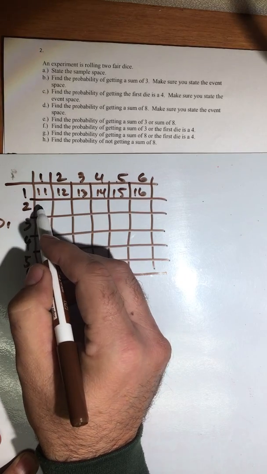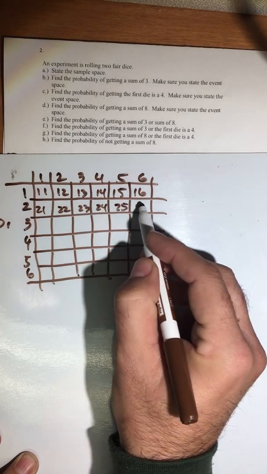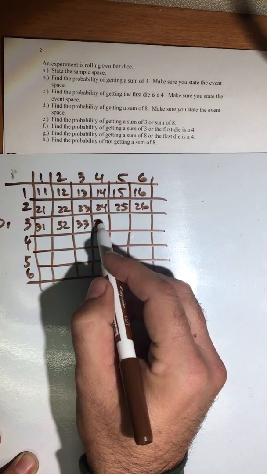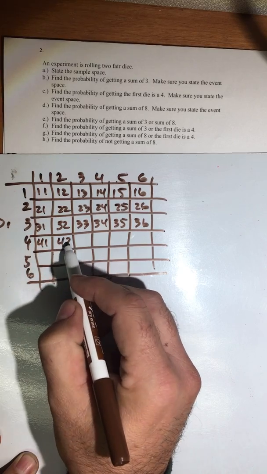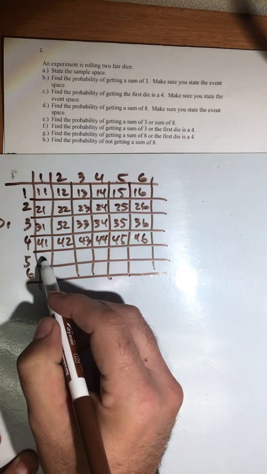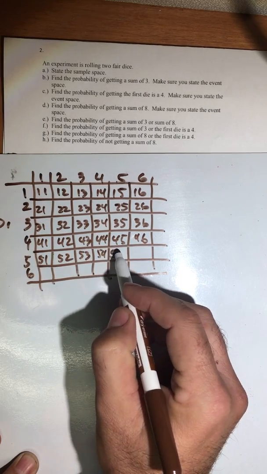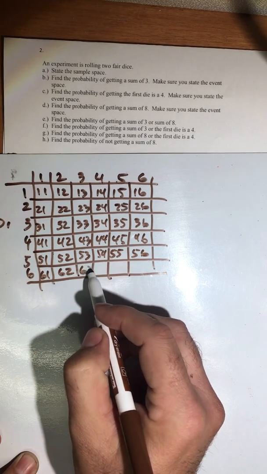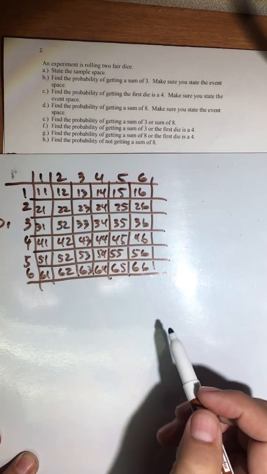I'll go ahead and do it all out. 2,1; 2,2; 2,3; 2,4; 2,5; 2,6; 3,1; 3,2; 3,3; 3,4; 3,5; 3,6; 4,1; 4,2; 4,3; 4,4; 4,5; 4,6; 5,1; 5,2; 5,3; 5,4; 5,5; 5,6; and then 6,1; 6,2; 6,3; 6,4; 6,5; and 6,6. So that's the answer to part A.